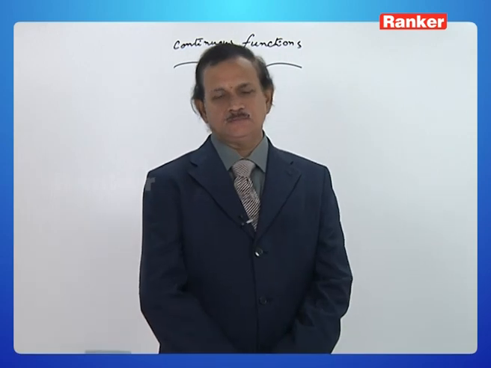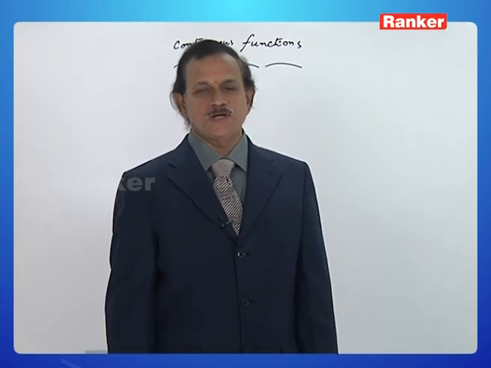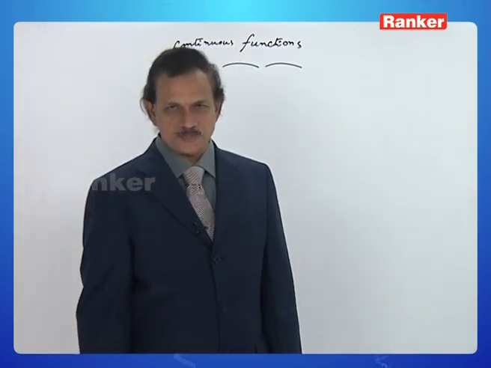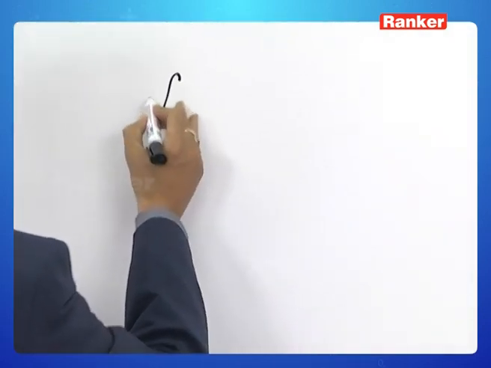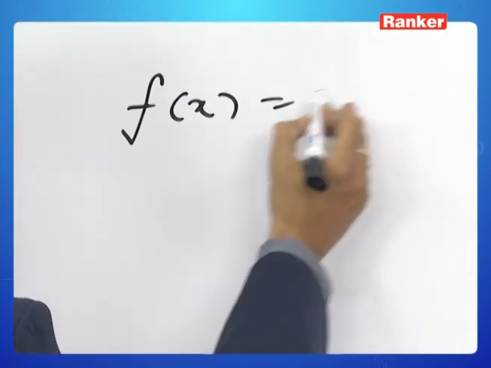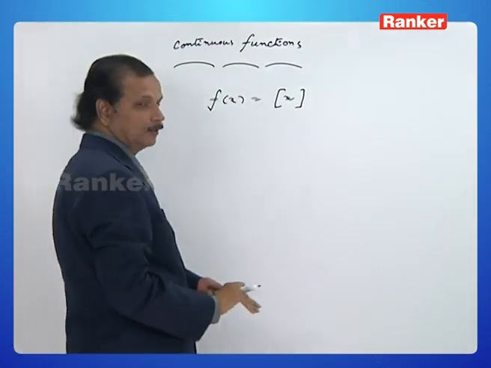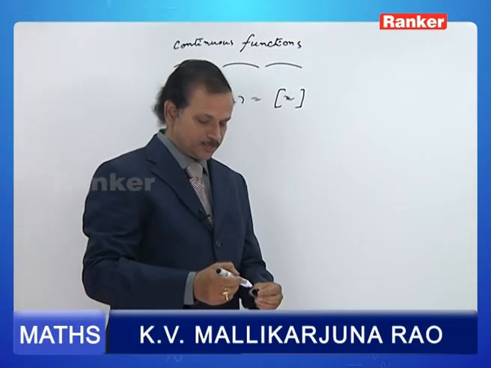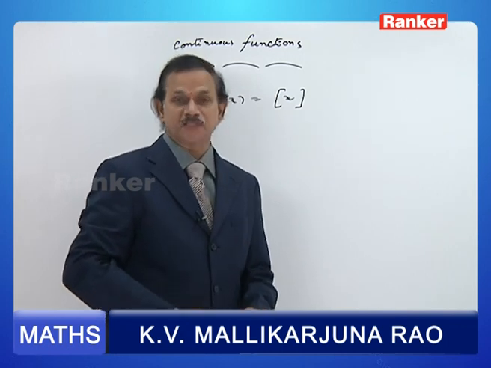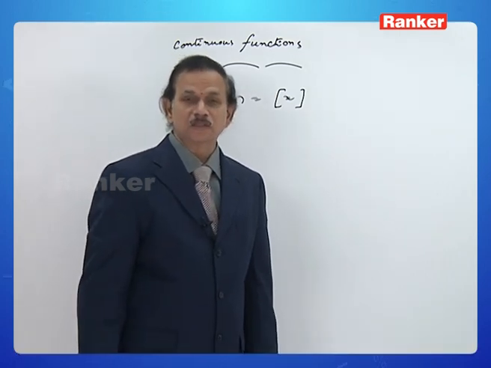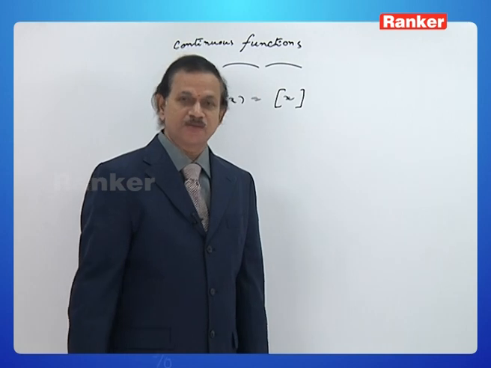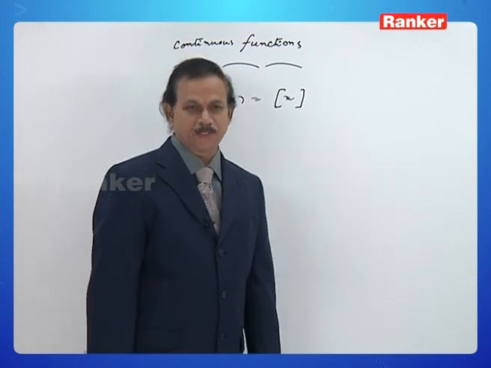In this session, we go through some more numerical problems in continuous functions. Consider the function integral part of x, that is the greatest integer function or step function, whatever you like to say.